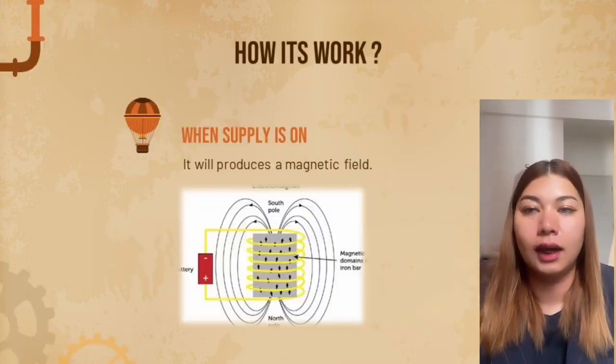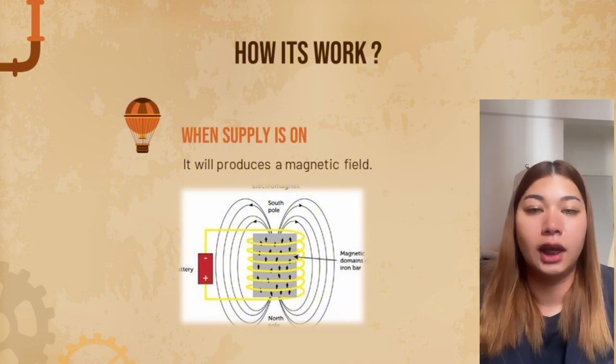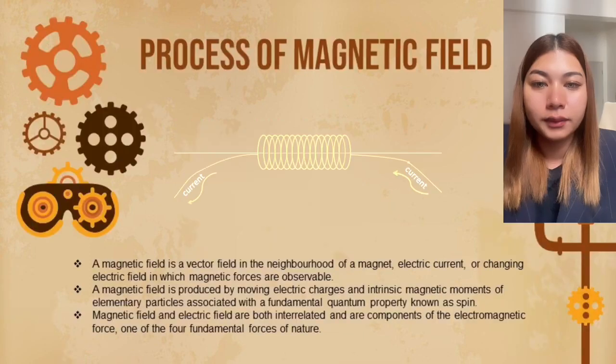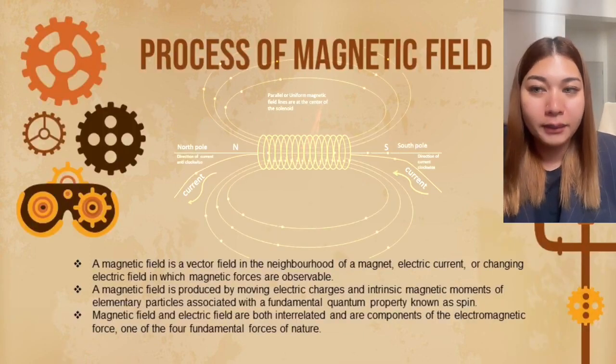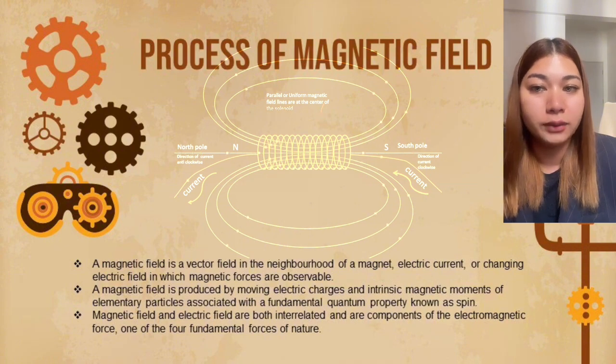Okay, now how it works. When the spark is on, it will produce a magnetic field. Okay, now the process of the magnetic field. A magnetic field is a vector field in the neighborhood of a magnet, electric current, or changing electric field in which magnetic forces are observable.